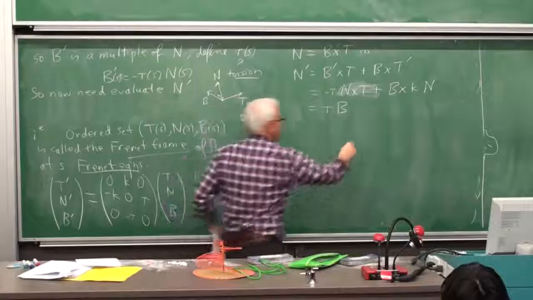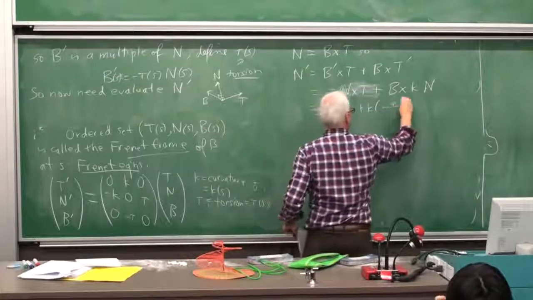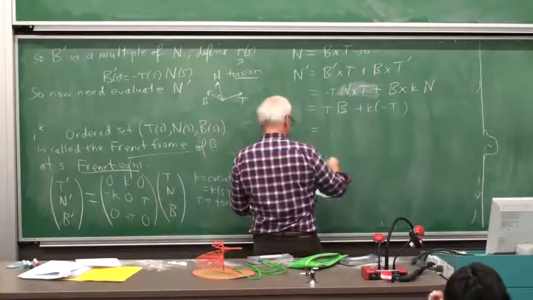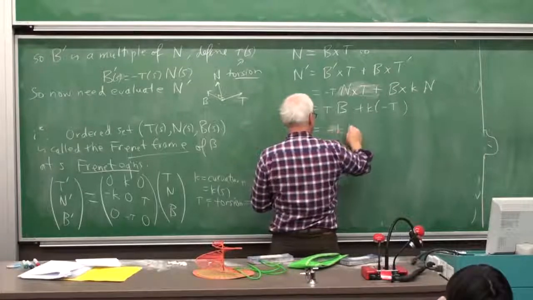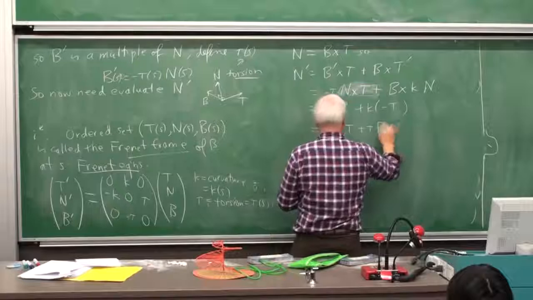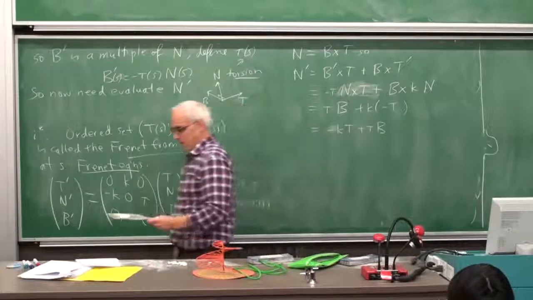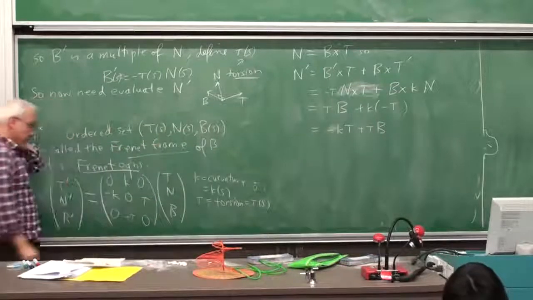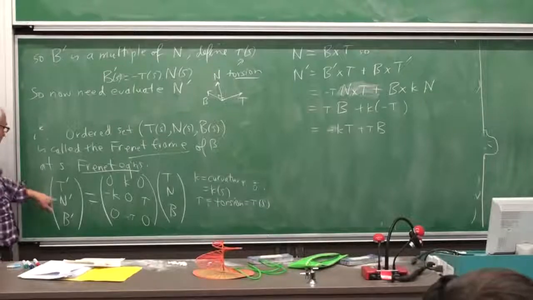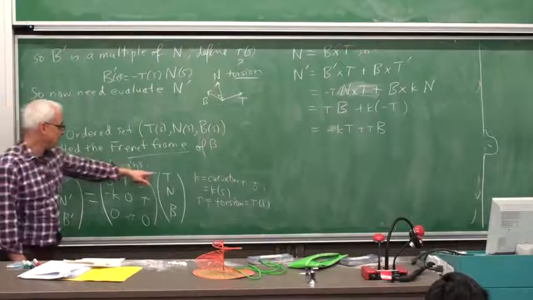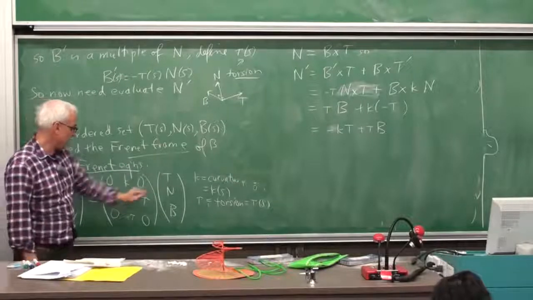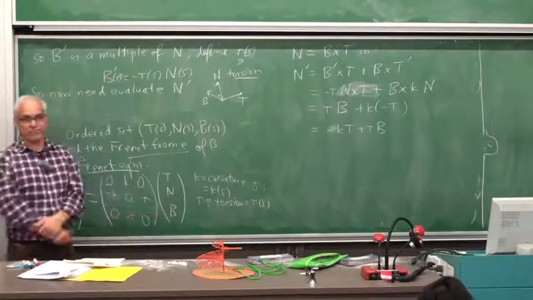Yes. So plus k times minus T for a total of minus kT plus tau B. And that is our second equation in the Frenet equations. That tells us that N prime is minus k times T plus 0 times N plus tau times B.